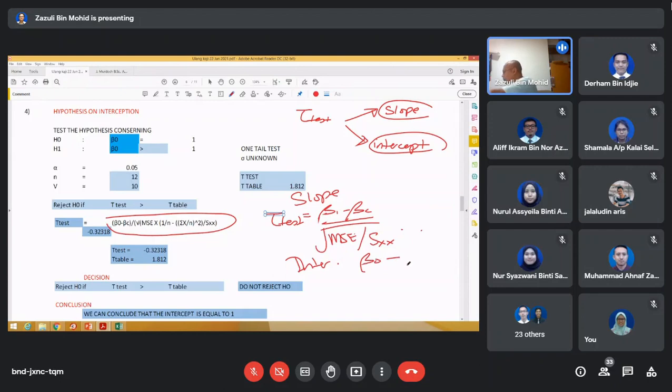For the intercept: beta 0 minus beta C divided by the square root of MSE times 1 divided by n plus x bar, which is the mean, squared, divided by SXX. So we have two here, one for the slope and one for the intercept.